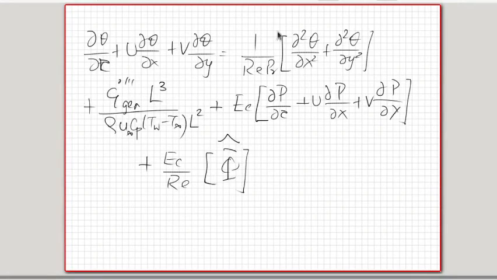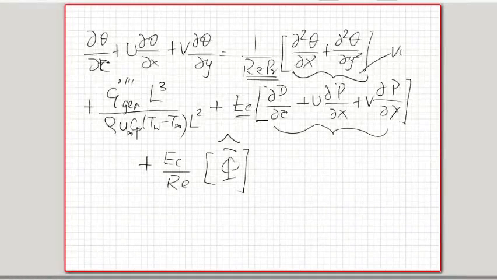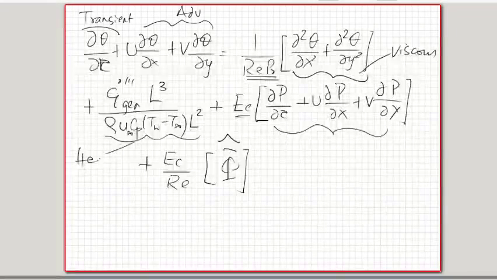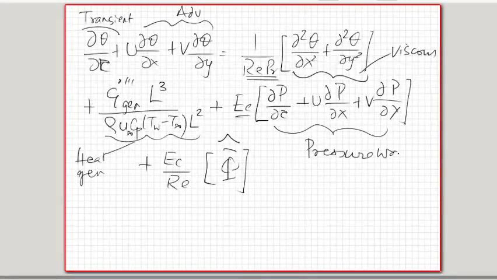Okay, so what this shows is that the viscous term has this RePr multiplying it, and the Eckert number multiplies what is called, this is the viscous term, and this is the advection term, this is the transient term, and this is the heat generation, this is the pressure work, and this is the viscous dissipation.